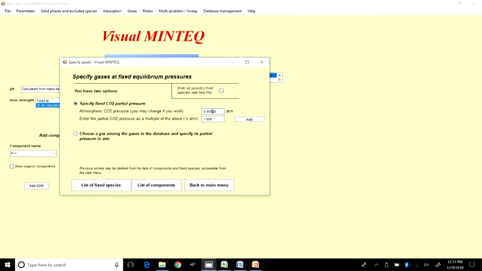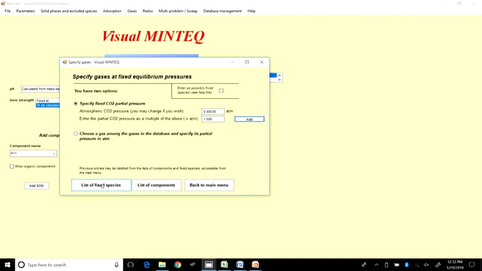But in our question, for the sake of ease, we already have the PCO2 given as 3.8 times 10 power minus 4. So I don't need to change this multiple. For example, if it was 7.6 times 10 power minus 4, then I can change this to 2, right? But here it's just 3.8 times 10 power minus 4, which is similar to our question. So I'm just going to leave that as 1. I'm going to add that, right?